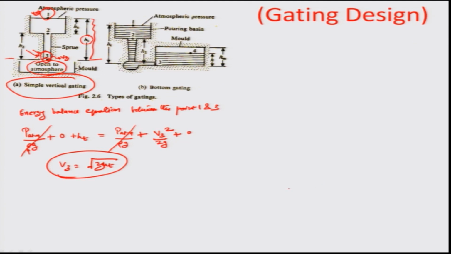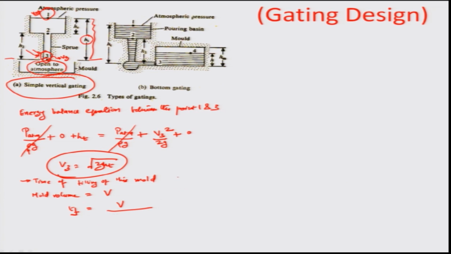So, let us now calculate the time of filling of this mold, assuming the velocity at 3 is V 3. If the mold volume that we are considering is V and Tf is the time of filling, then Tf would be equal to V divided by the gate area times the velocity.